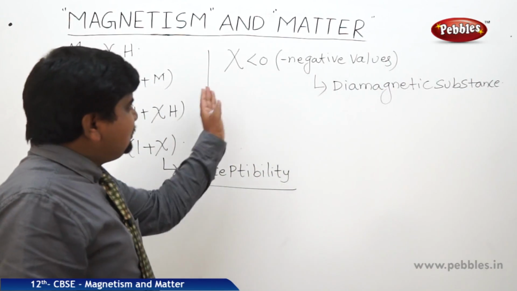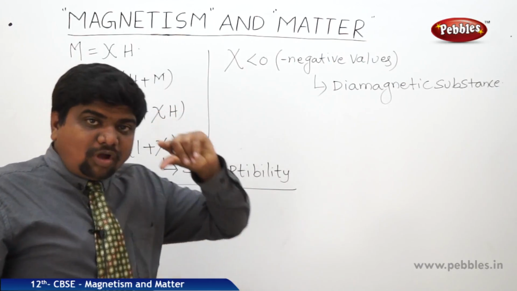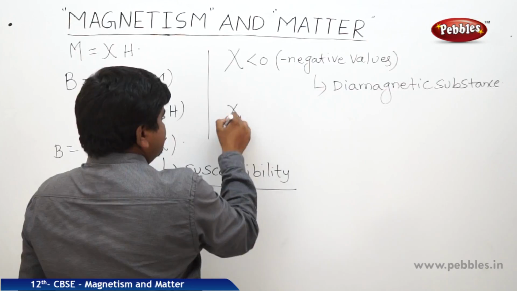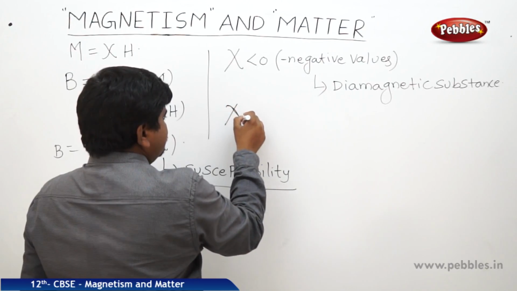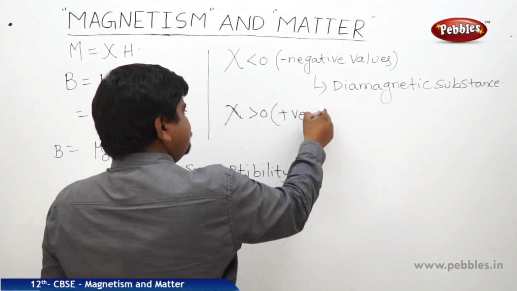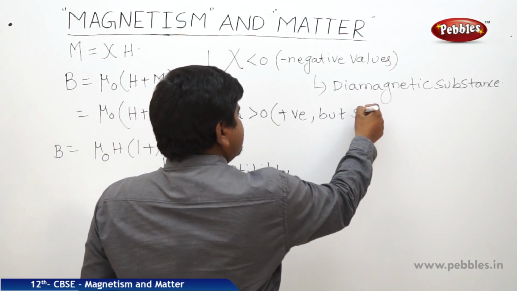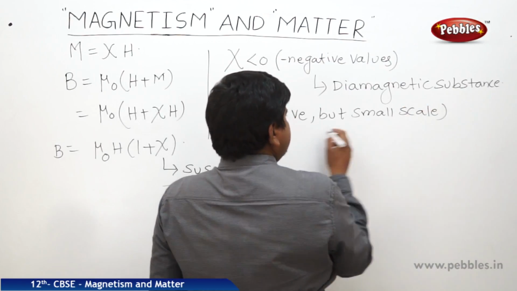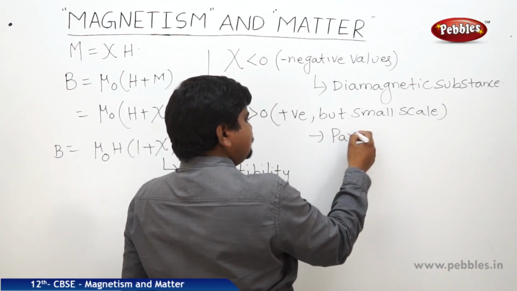If this chi value is greater than 0, positive but small values, not the larger ones, then it is paramagnetic.